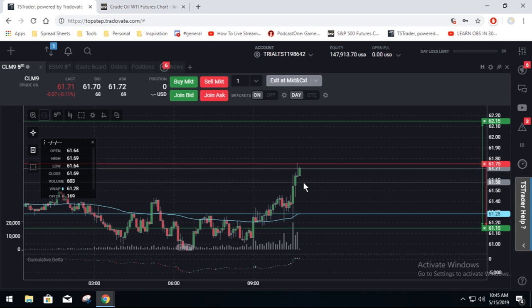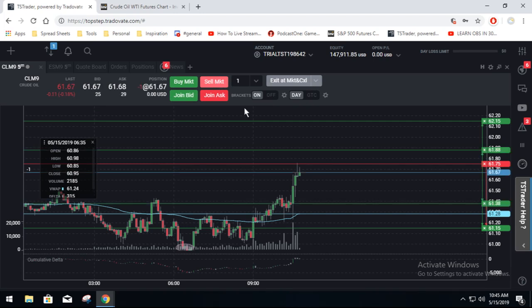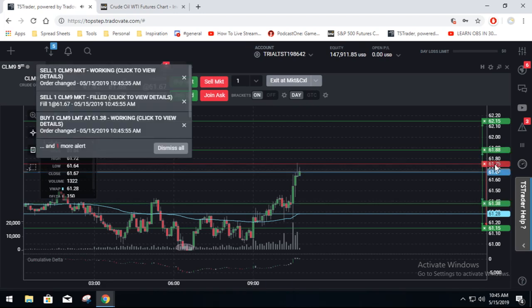Looking for the retest for my short opportunity. If you want to enter, that's your live entry right there at 70. Sell one live. Adjust.